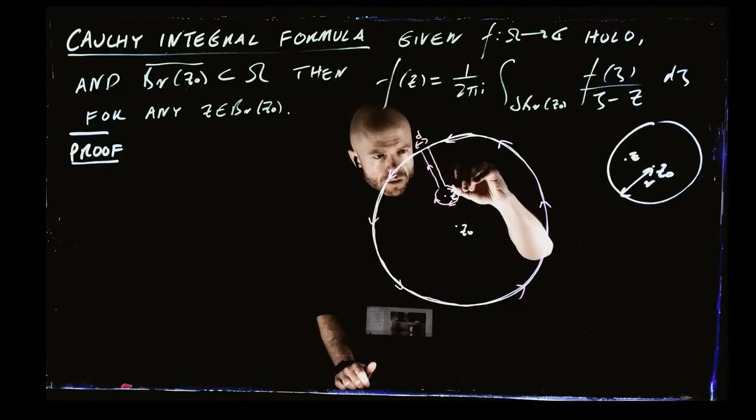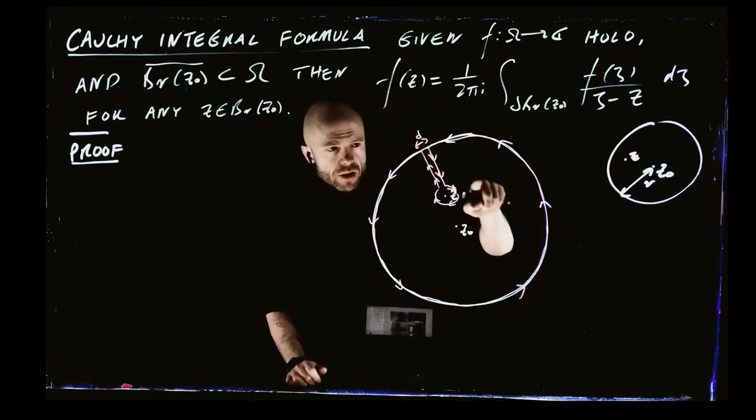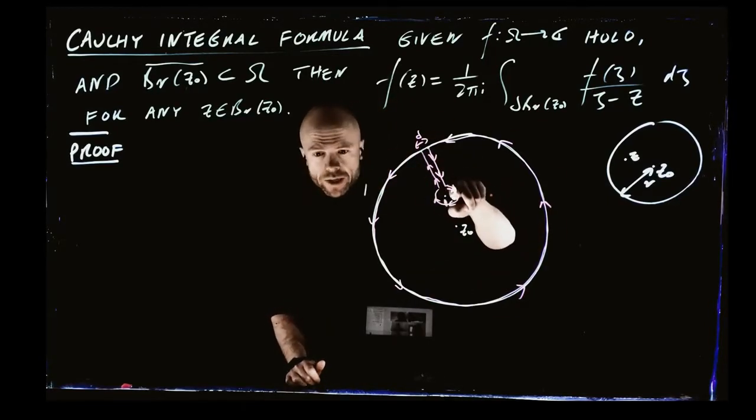Let's write this way around. All right, so notice that we're going anti-clockwise around the bigger circle, and then we end up going clockwise around the smaller one. Yeah? Cool.